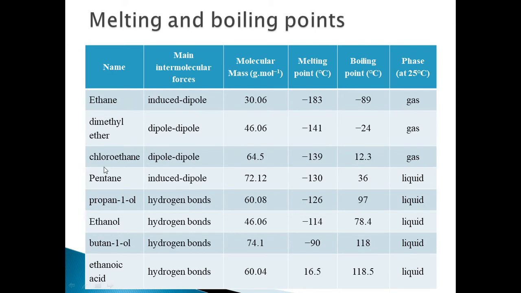In fact, the first three, ethane, dimethyl ether, and chloroethane, ordinarily exist as gases because they have weak intermolecular forces. But if you go to pentane, propanol, ethanol, butanol, they are liquids. Even ethanoic acid is also a liquid. As you go down, the strength of the intermolecular forces increases, thus the melting point and the boiling point also increase as you go down the table.